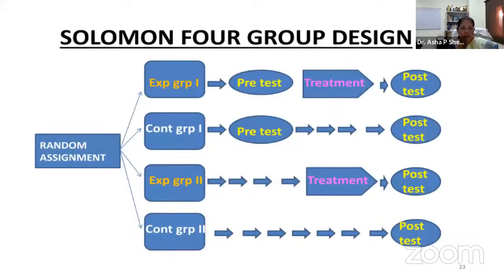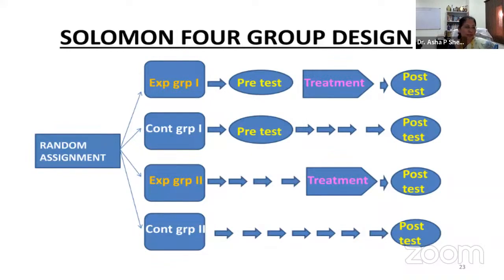If we look at this diagram, we have 2 experimental groups and 2 control groups. Experimental group 1 and control group 1 receive the pre-test, and only the 2 experimental groups receive the treatment.